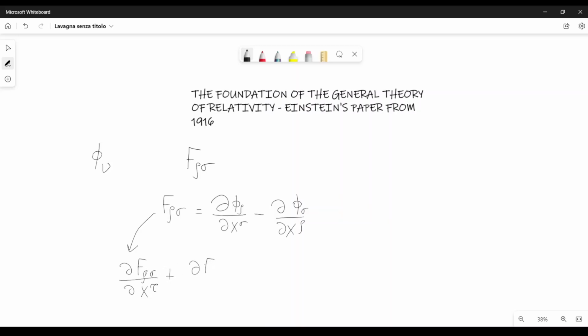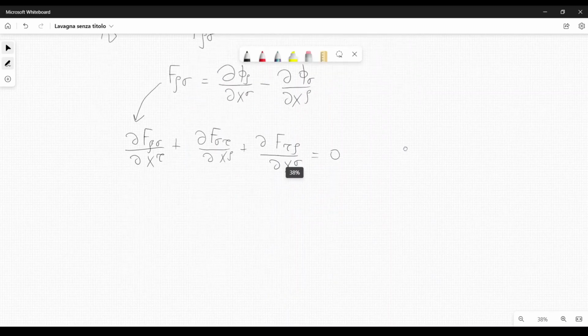We have df sigma tau with respect to x rho plus df tau rho with respect to x sigma, and this is equal to 0, as we know. This tensor equation here contains only 4 scalar equations, and if you write these equations down, you get something like this.